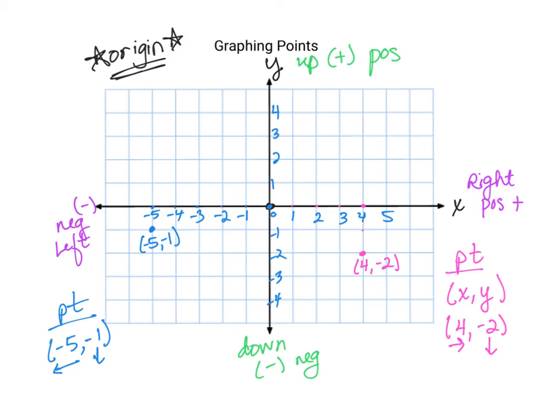That also will help me if I'm given the point negative 2, 4. Well, negative 2 says go left, negative 2 on the x-axis, or look for that negative 2. 4 says go up 4 on the y-axis, and look at that 4. And what I could do is kind of draw lines and see where that negative 2 on the x and positive 4 on the y match up, and that is my point. Negative 2, 4.